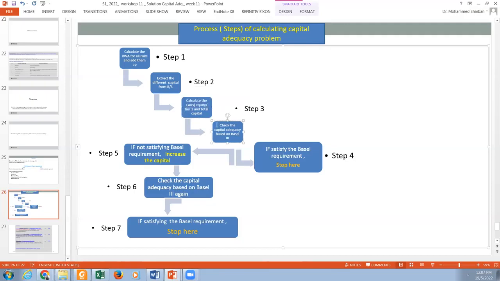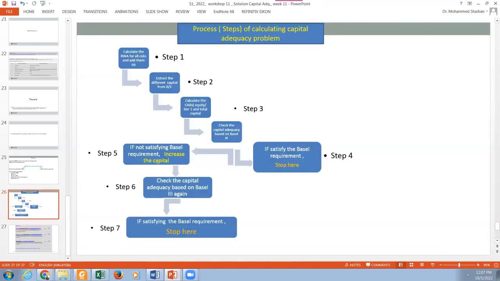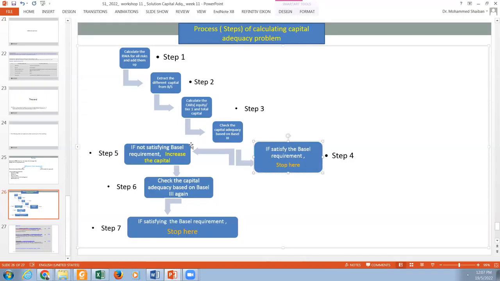And then you have to check whether we are satisfying those ratios, the 7, 8.5, and 10%. This is the third step. If you are satisfying, the problem ends here and no more.